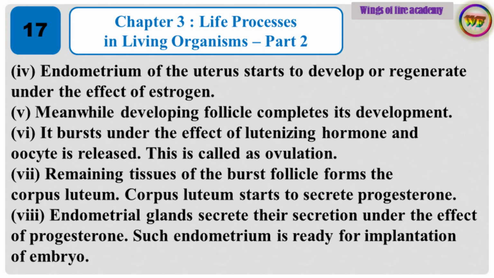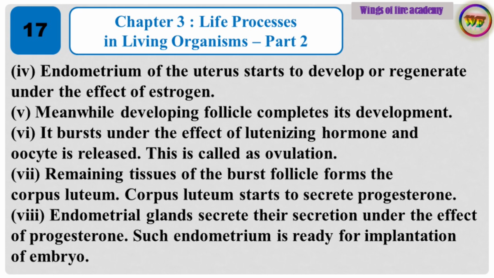Endometrium of the uterus starts to develop or regenerate under the effect of estrogen. Point 5. Meanwhile, developing follicle completes its development. Point 6. It bursts under the effect of luteinizing hormone and oocyte is released. This is called as ovulation.